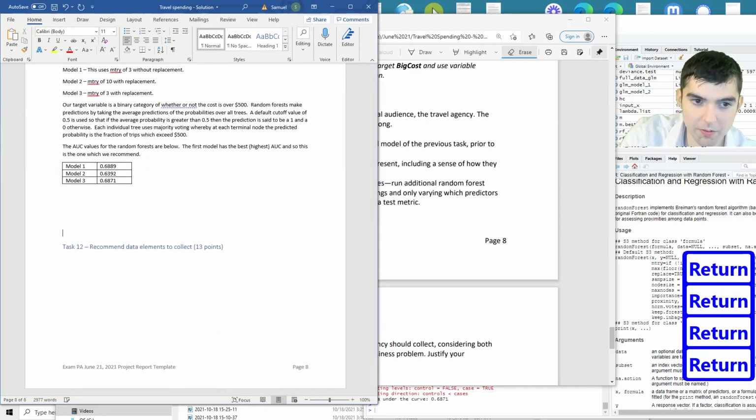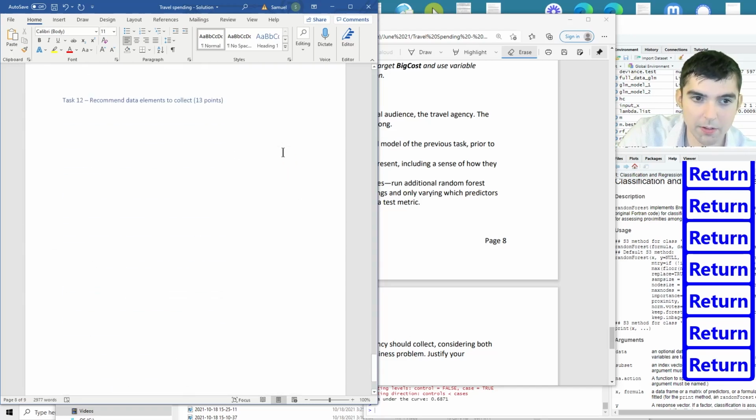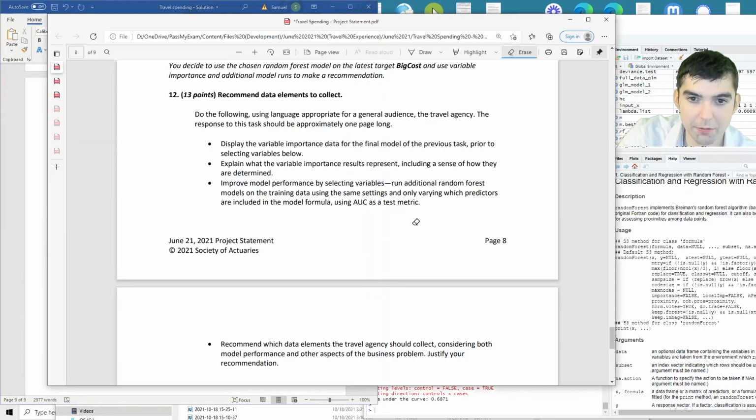Well, if we move this to a new page, we want it to be this page. That means we'll be doing a lot of writing. Using language appropriate for a general audience, the travel agency.